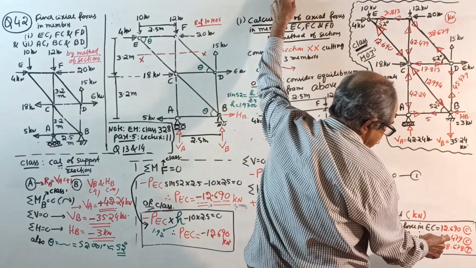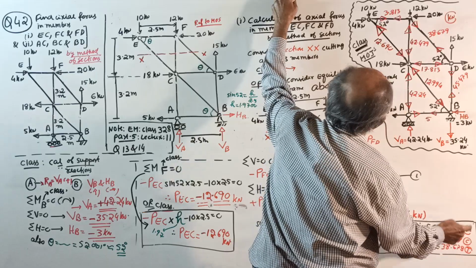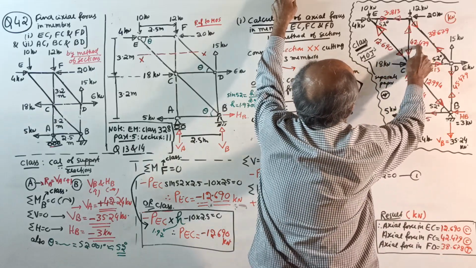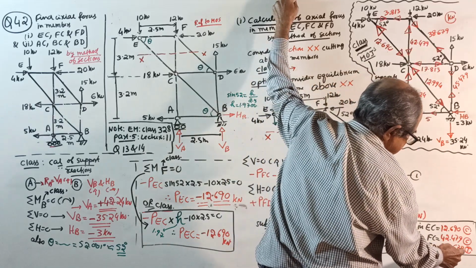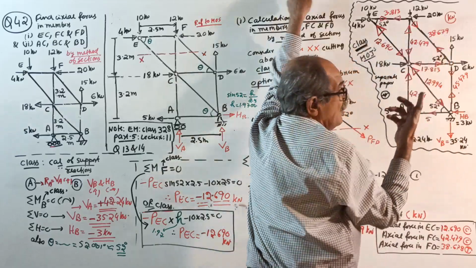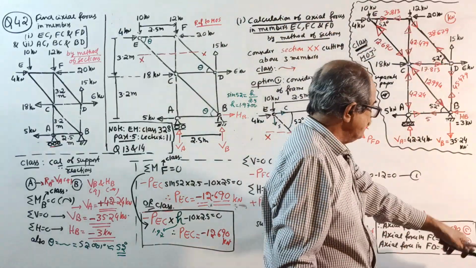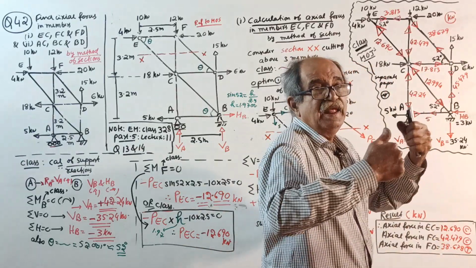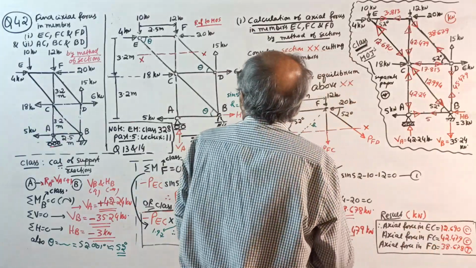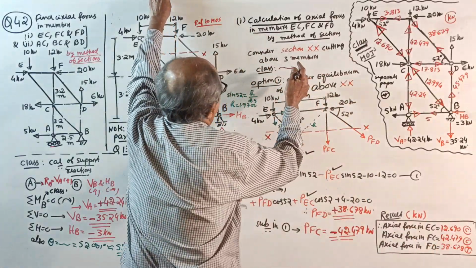Force in FC, 42.479 compression. Yes. Force in FD, 38.678 tension. Okay, 679, because that is method of joints. I did not see there. 679, 678. Perfectly correct. Okay, now I will change over to option 2.